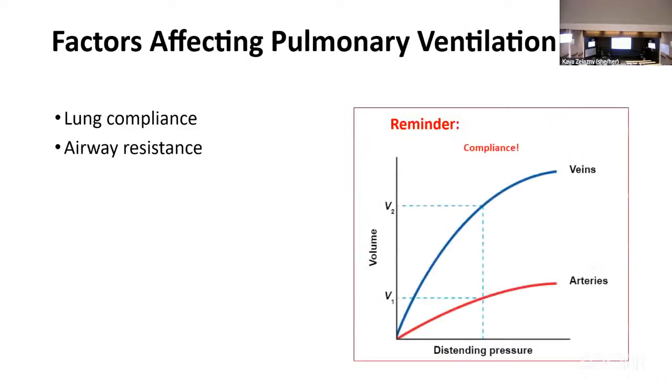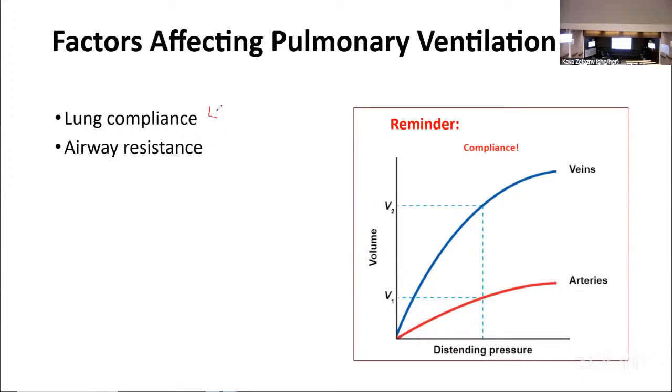Okay. So our brief intro here when we think about factors that are going to affect pulmonary ventilation is we're going to come back to these concepts of compliance and resistance when we come back. So we want to remember what these things are, right? So we spent a long time talking about resistance, and at least I think that resistance is a bit more intuitive of an idea, right?